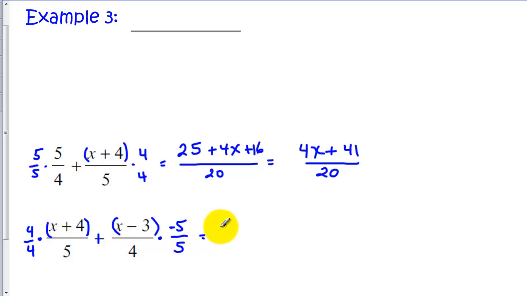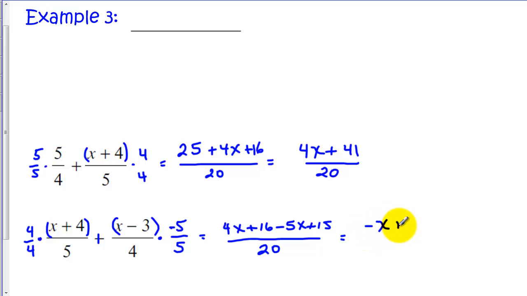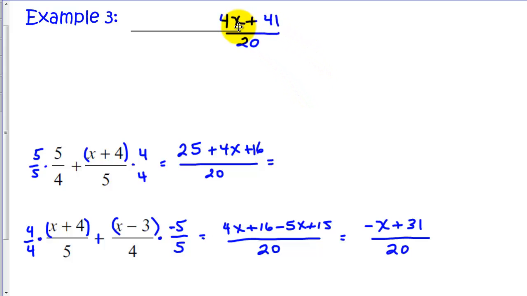So now on the top, if I distribute, I have 4x plus 16, and here negative 5x, and negative 5 times negative 3 is plus 15. That's over 20. So if we simplify that, we've got negative x plus 31, all over 20.